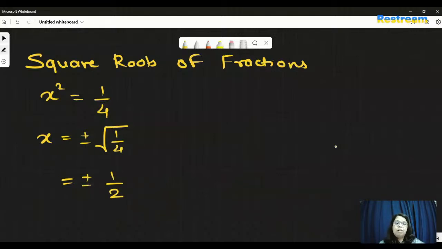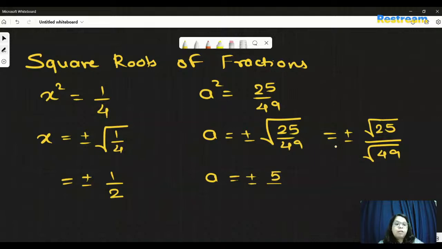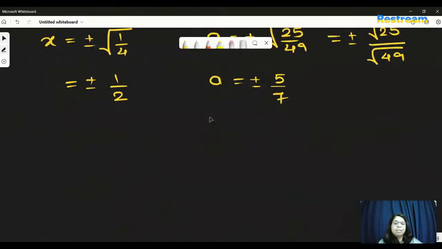Now this was very easy. Now let's say I have a square is equal to 25 by 49. So a is equal to plus or minus square root of 25 by 49. That is equal to plus or minus square root of 25 over square root of 49. So a is equal to plus or minus 5 by 7. Now why is it like this? We have done our indices, right? In indices, the rules say that a over b, the whole raised to x, is equal to a raised to x over b raised to x.